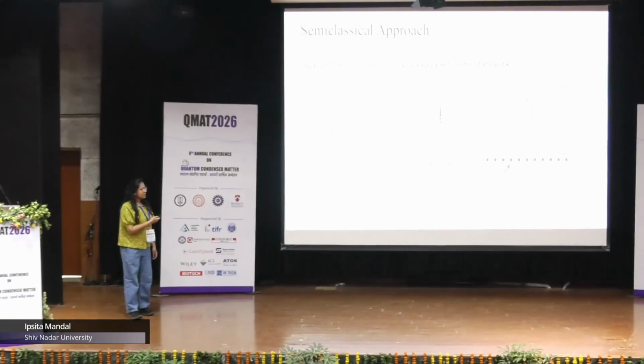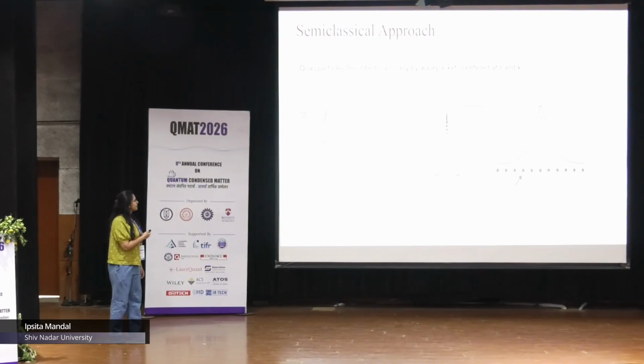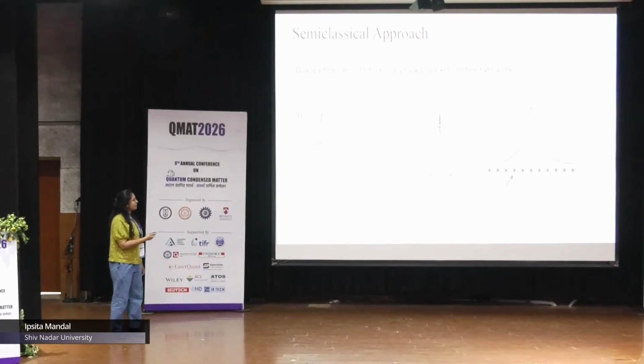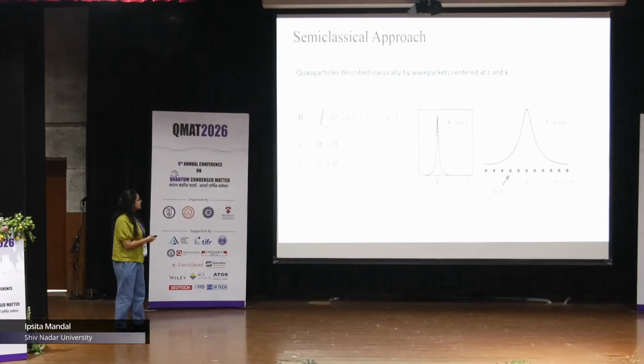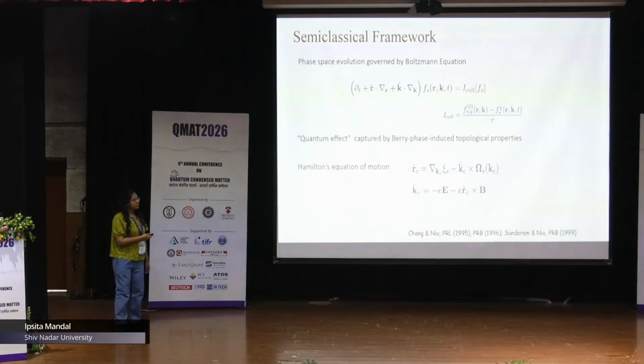So our goal is to extract the linear response theory, for which we use the concept of wave packets to describe the quasi-particles which are centered at R and K, and the phase space evolution is governed by the Boltzmann transport equation within the relaxation time approximation.